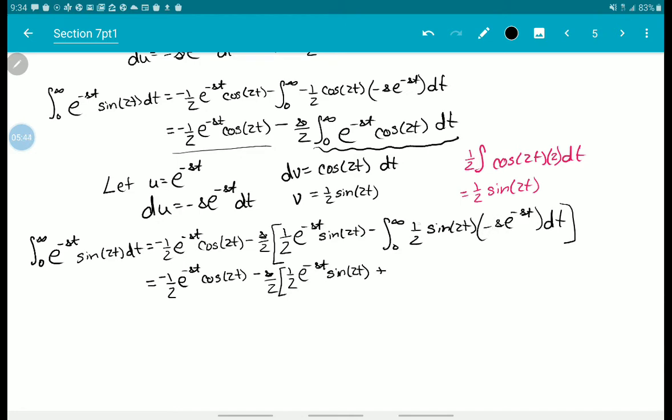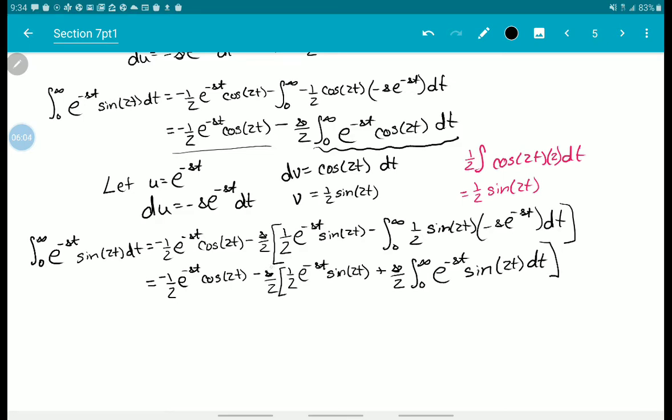And then s times 1/2 is s over 2. So you can kind of see what's happening in here. The left-hand side, I have the integral of e to the negative st sine of 2t dt. I also have that on the right-hand side.